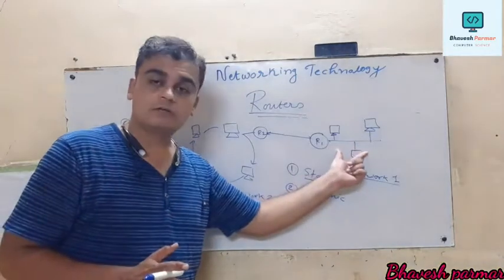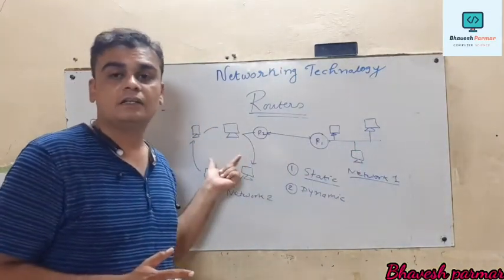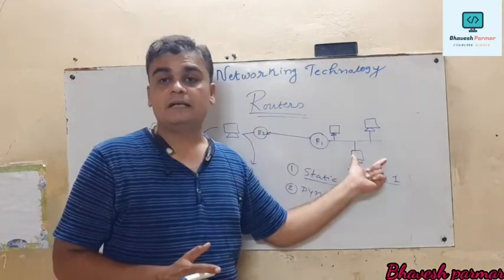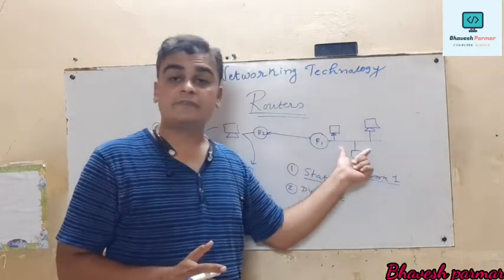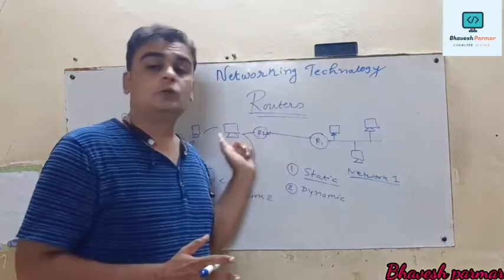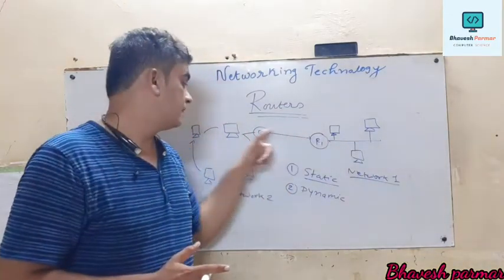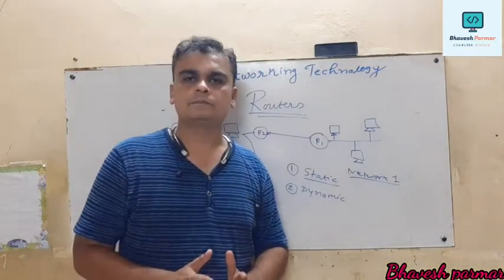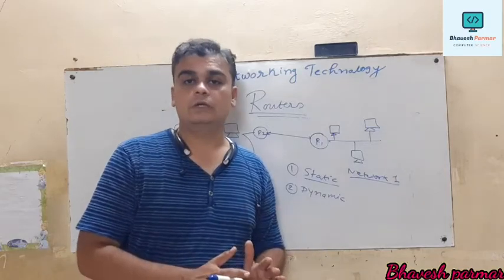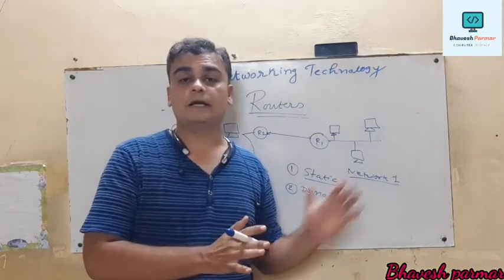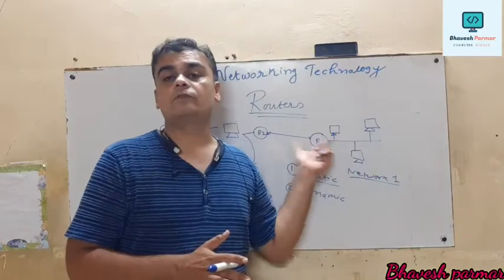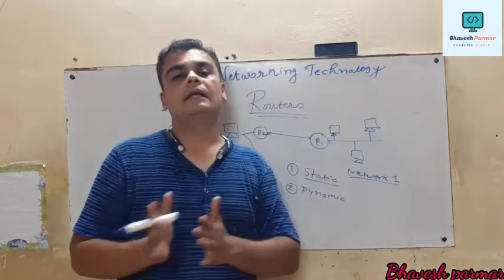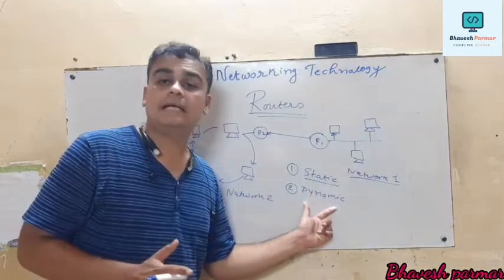Suppose network 1 tries to transfer the data to this network 2. While transferring data, the user should also specify the path to transfer the data to the destination situated in network 2. Means it is a totally manual process and it is quite difficult also. Some professionals are also required when we use this type of communication. And if we consider the cost of static router, it is less expensive as compared to dynamic router.